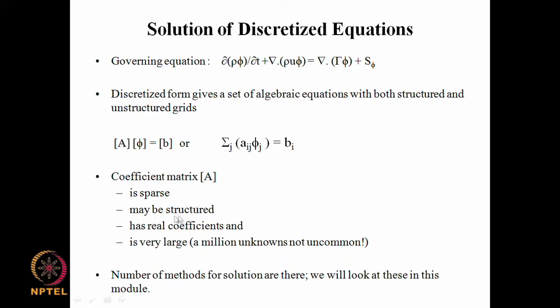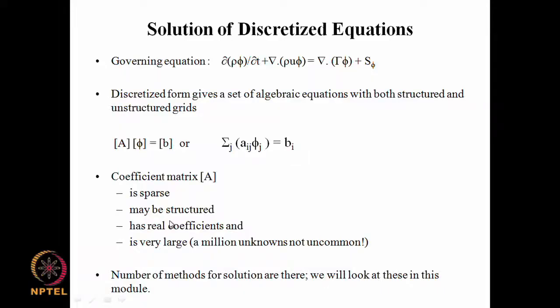And as we have seen, it may be structured in the sense that the non-zero coefficients may lie along certain diagonals, and also importantly the coefficients are real, they are not imaginary, because these are essentially the velocities and some physical properties of the fluids and the grid spacing and so on. So there is no reason why these coefficients are non-real.